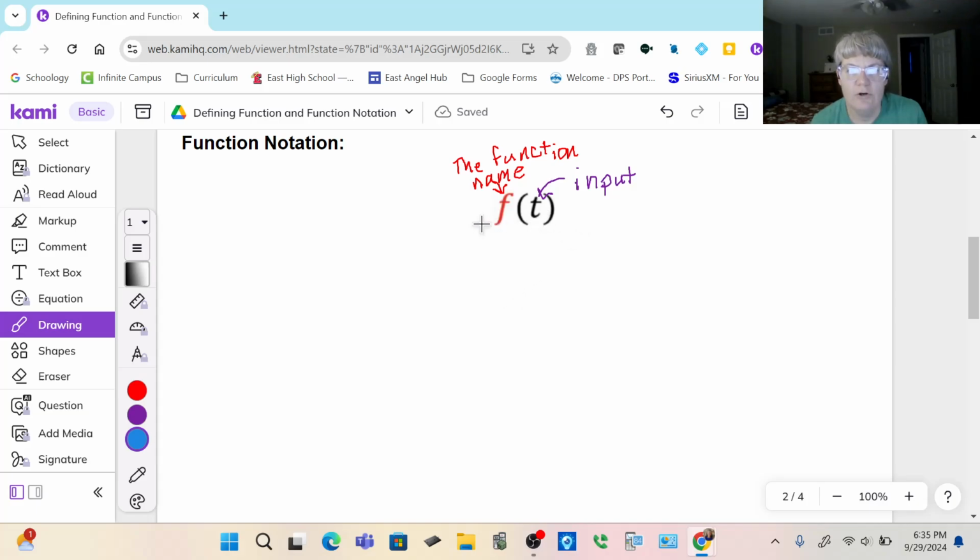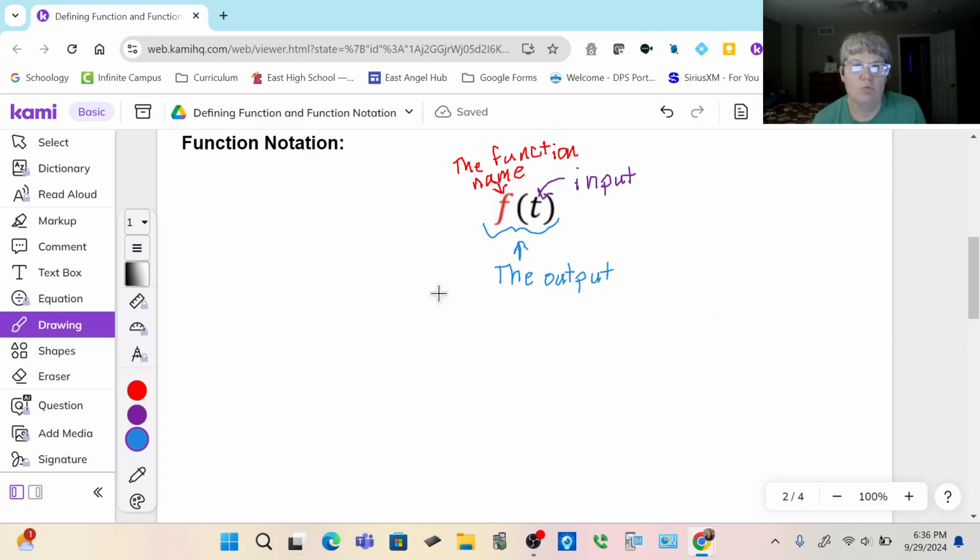The entire function notation represents the output. So what is my result for my input? What is my result when I replace t with a time? What is my output going to be?